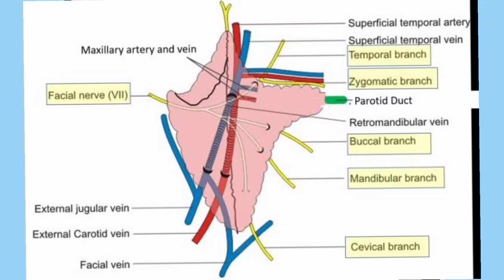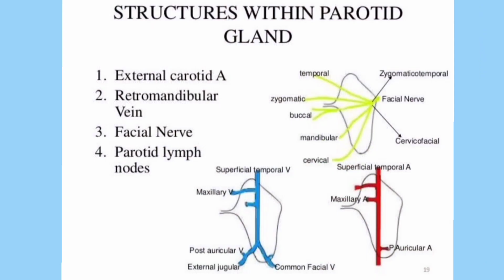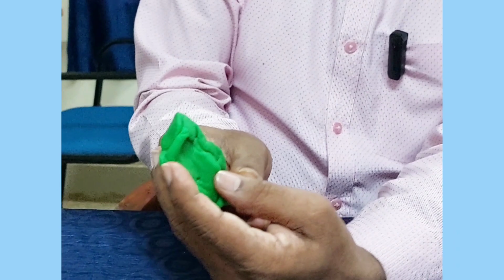In conclusion, I can tell you the structures inside the parotid gland. You can see one is the facial nerve, one is the retromandibular vein, and one is the external carotid artery. This external carotid artery enters here.